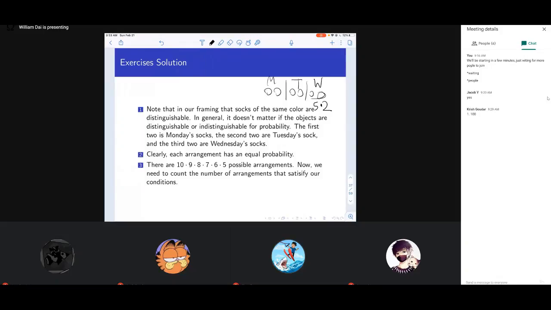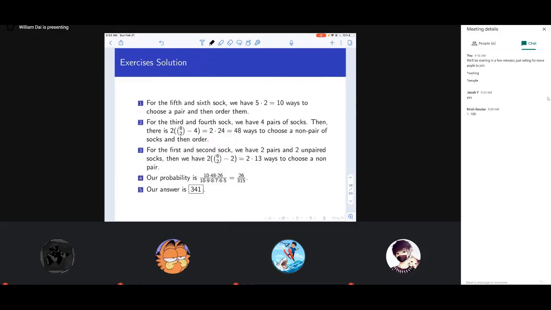So we choose what pair we want, and then we choose how we want to permute it. That's 5 times 2. For the third and fourth sock, we have 4 pairs of socks remaining.